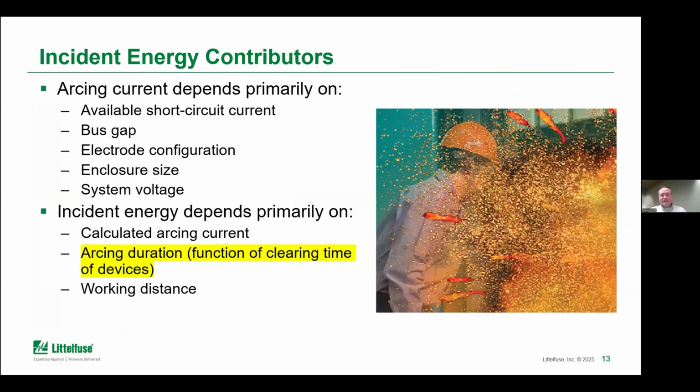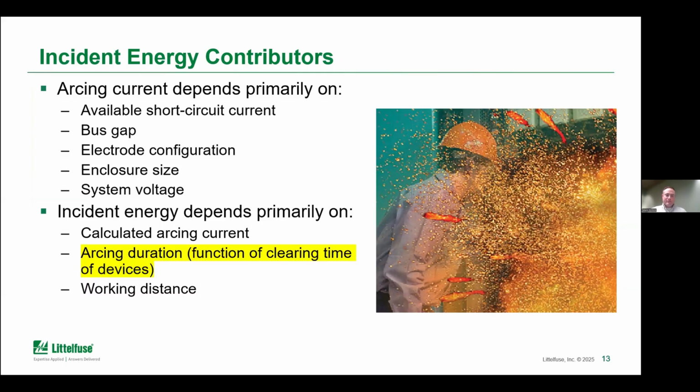Probably everyone has seen videos of arc flash events before and talked a bit about it, but we have to understand, if we're trying to reduce the hazard and we want to reduce the energy that could come out of an arc flash, we have to look at what are the things we can control. And so the arcing current is a major contributor, and really that has to do with the short circuit current coming out of the system, the bus configuration.